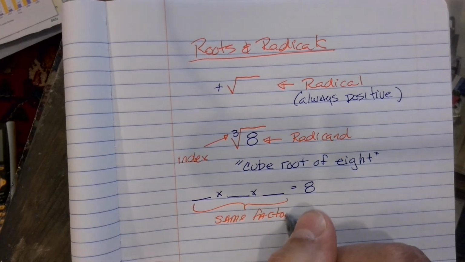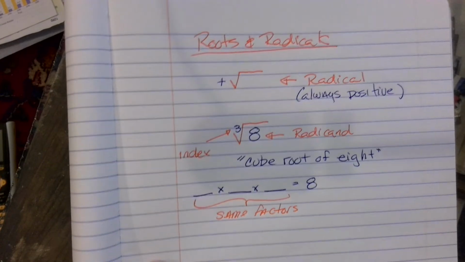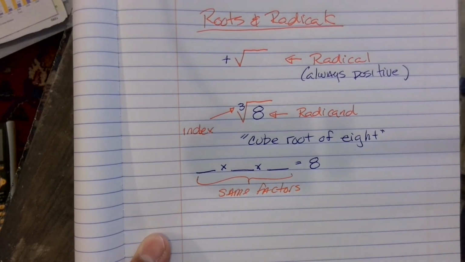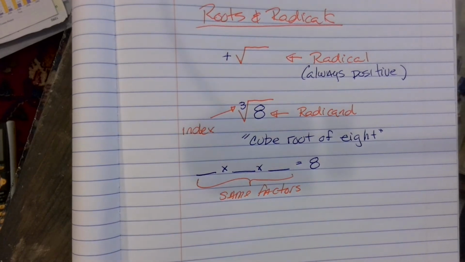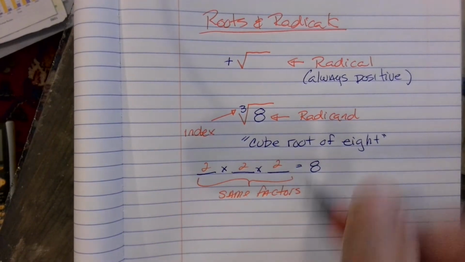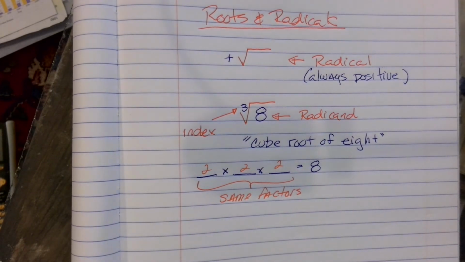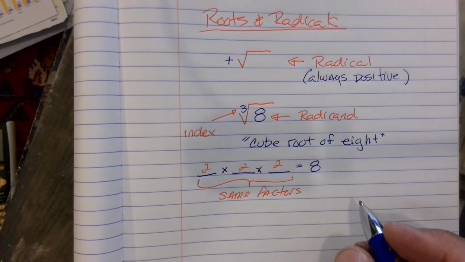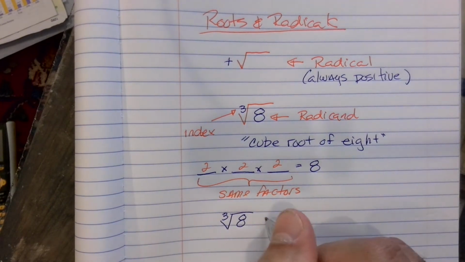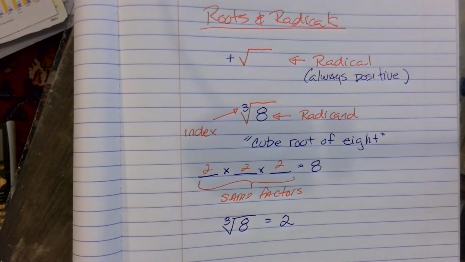So we're looking for what 3 values multiplied repeatedly 3 times will give me 8. And we all know that 2 times 2 times 2 is equal to 8. And therefore, we could say the cube root of 8 is equal to 2.